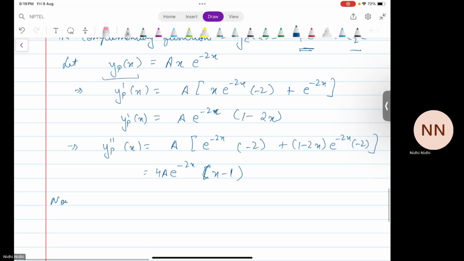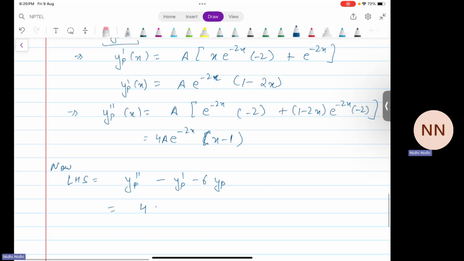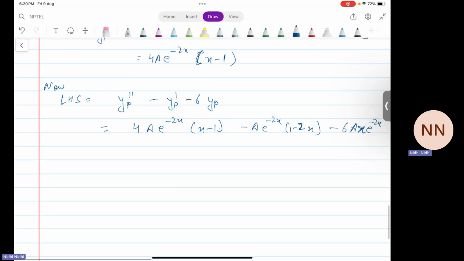Now LHS is equal to y_p double dash minus y_p dash minus 6 y_p, which is A e to the power minus 2x (4x minus 4) minus A e to the power minus 2x (1 minus 2x) minus 6A x e to the power minus 2x, which is equal to A e to the power minus 2x (4x minus 4 minus 1 plus 2x minus 6x).